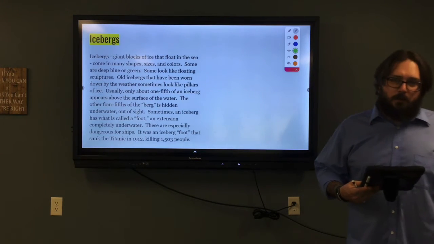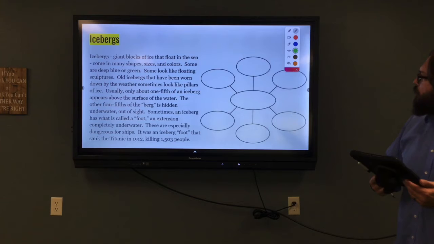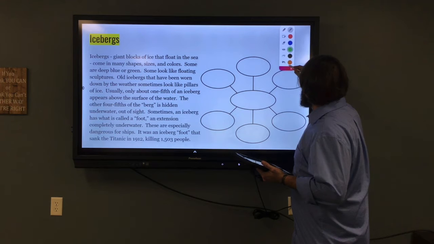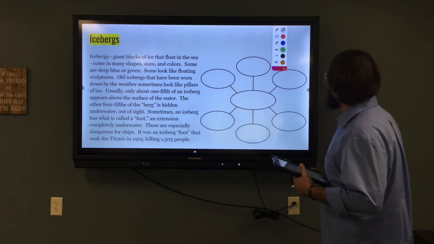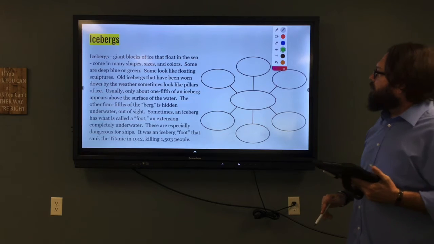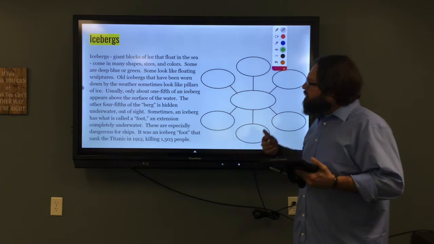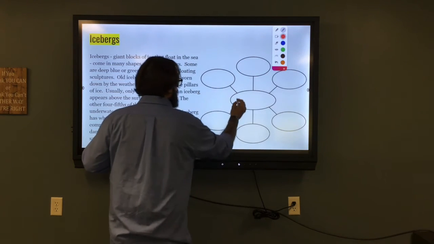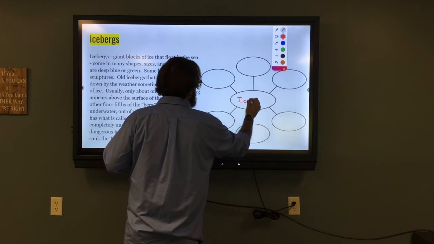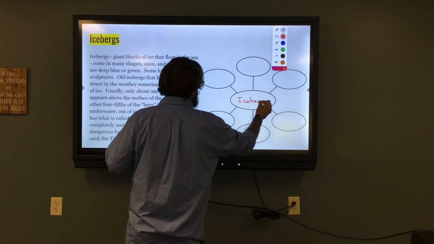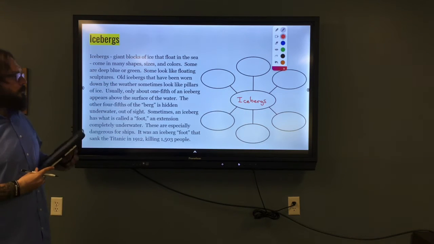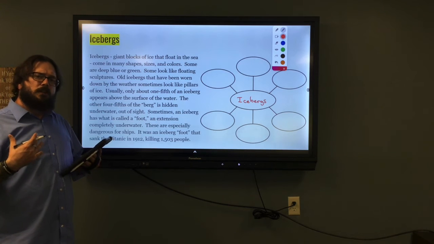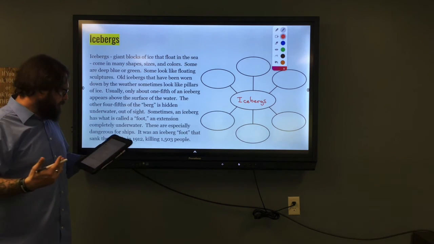So once again, we are going to use a web to see how the author describes the topic of this particular passage. In this case, our topic is rather easy to figure out. Okay, so our author is writing about icebergs, and this particular passage is intended to inform us about what icebergs are.